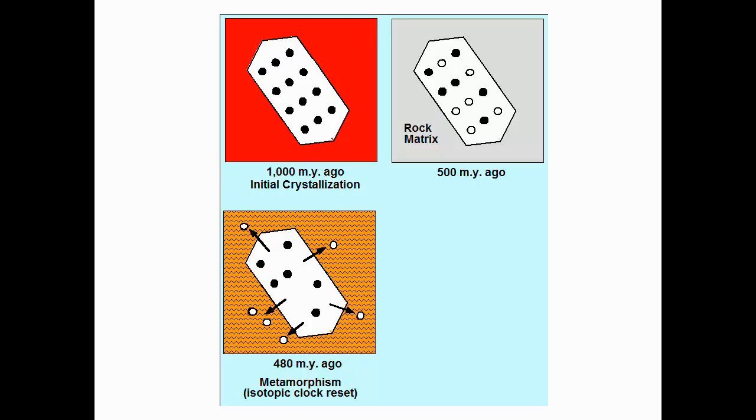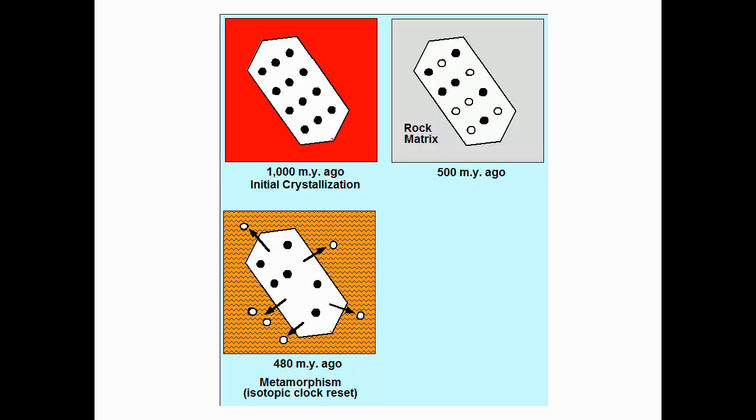It kind of wobbles around, so that when the temperature is raised and the atoms are excited, that loosely fitting daughter isotope is not retained in the crystal structure and escapes into the surrounding matrix. Whereas the parent isotopes are still nice and snug and remain within the crystal. And that's why the isotopic clock is reset.